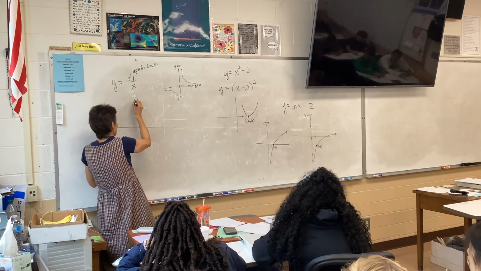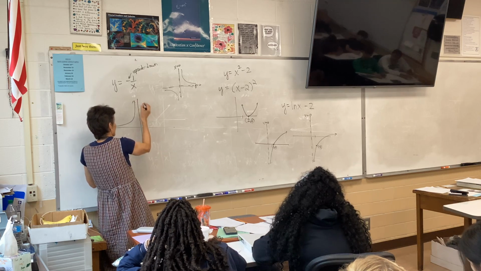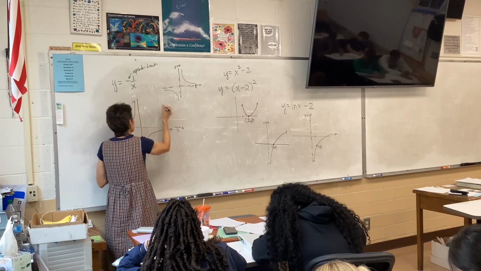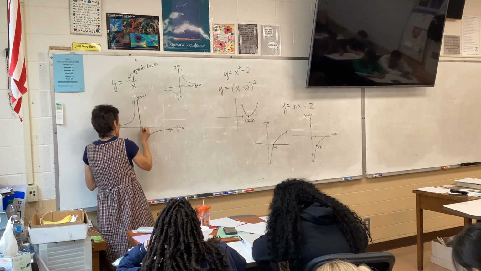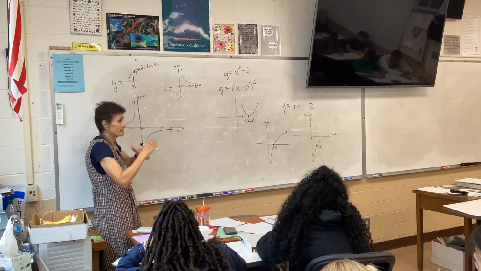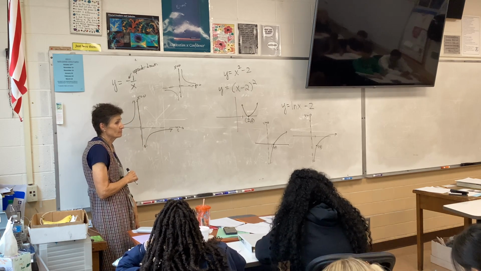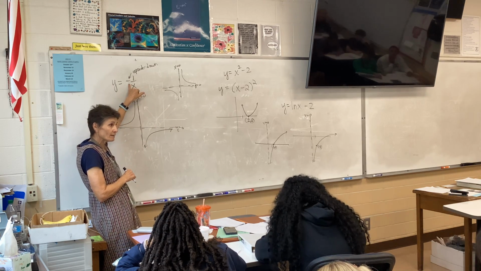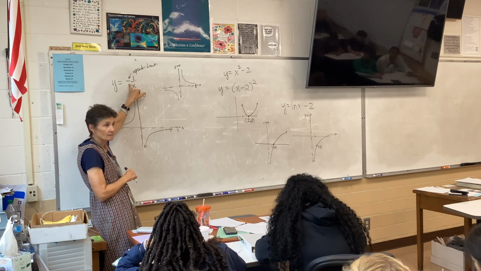This is now going to be up here, right? And this one's going to be down here. Now, the shape is exactly the same. The asymptotes haven't changed. It's simply been flipped upside down. Any function that you put a negative in front of, that's what happens.